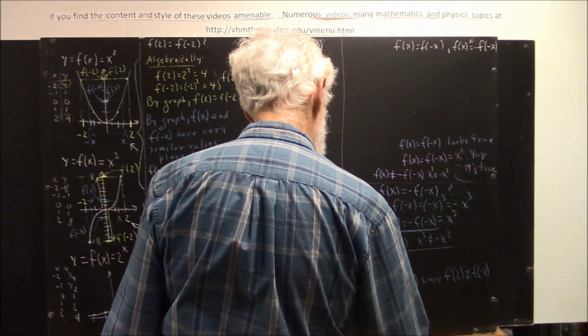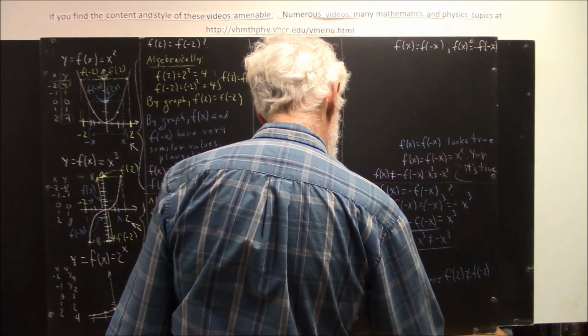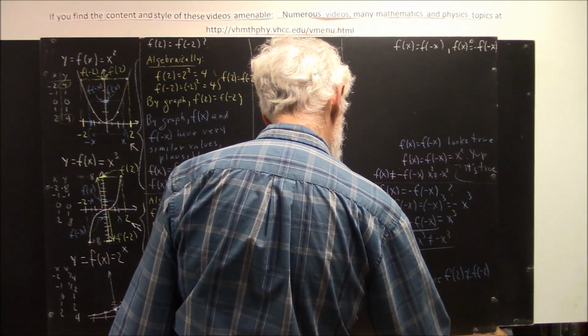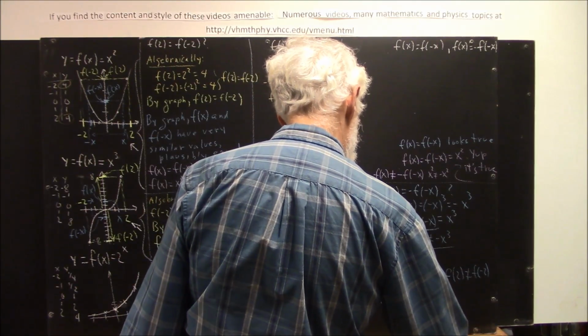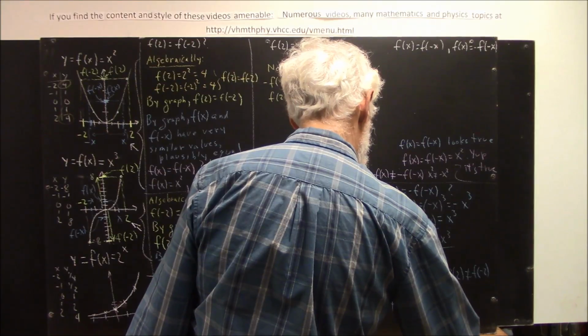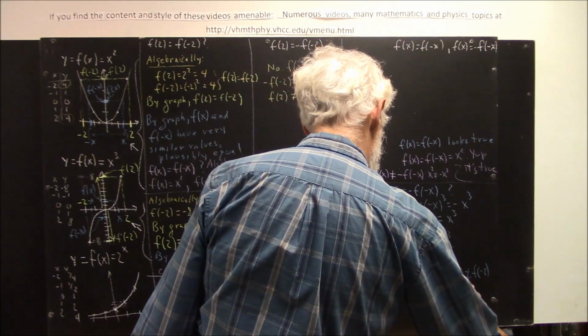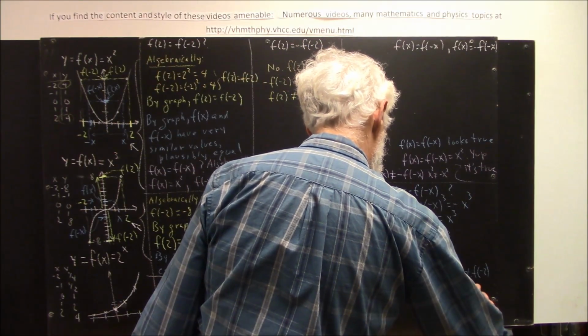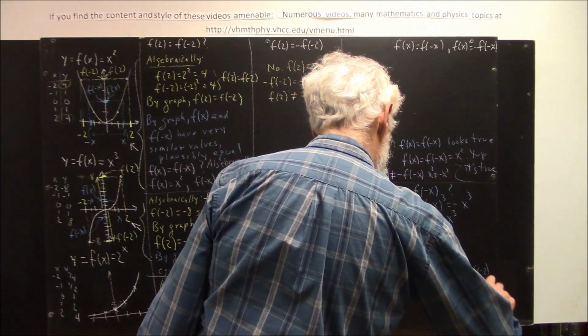And also, f of x is not identically equal to negative f of negative x, since f of 2 is not equal to negative f of negative 2.